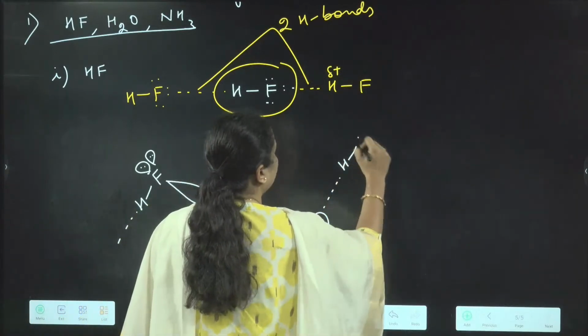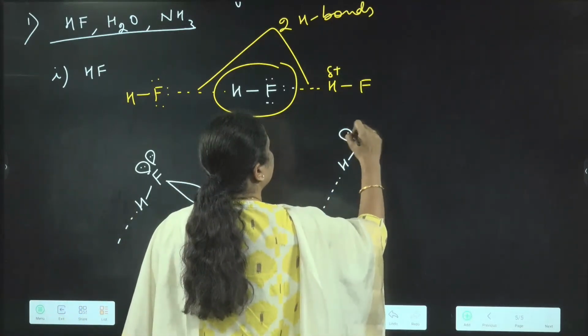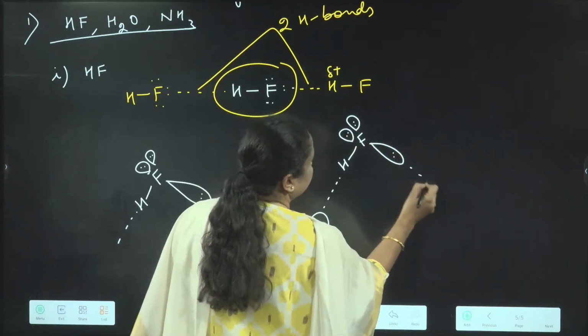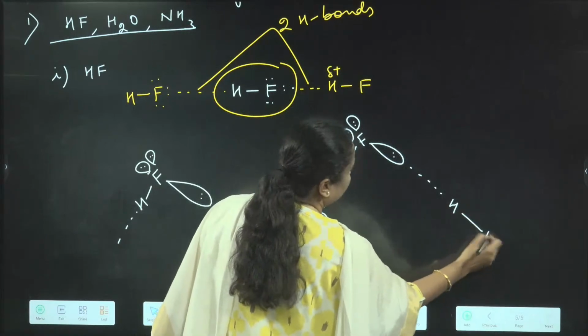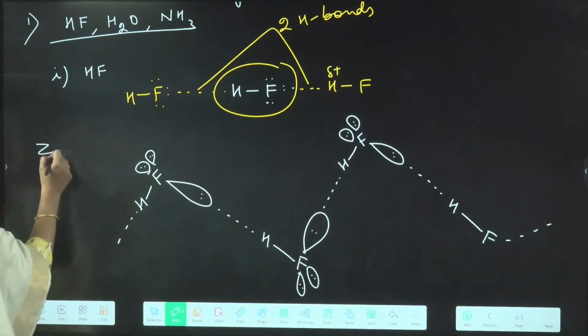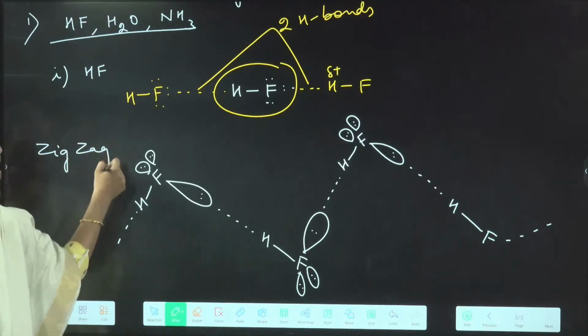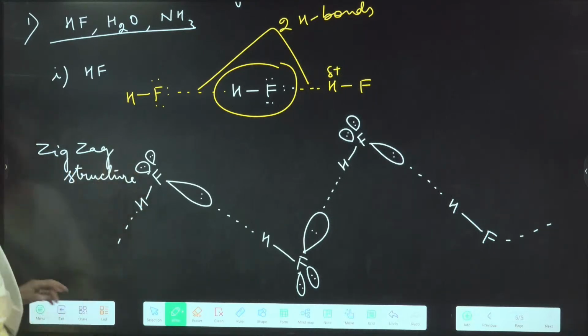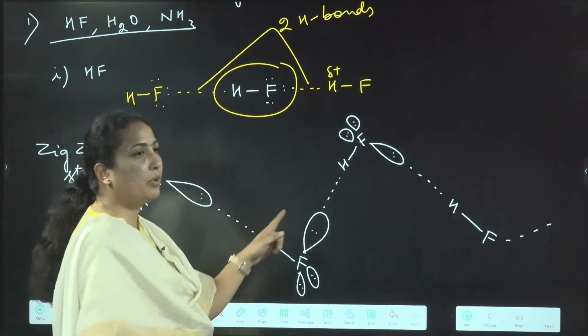It is going to attract this HF. You're going to have it like this and this continues, right? Are you able to see this is a zigzag structure? A zigzag structure which exists in their solid state. So from there we are confirming that it is able to make only 2 hydrogen bonds.